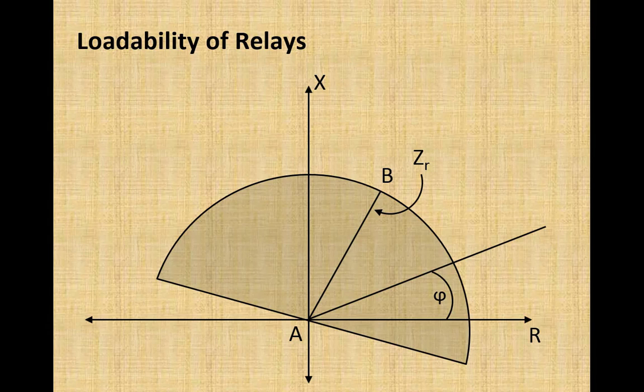Their common area of operation, this shaded portion, becomes their tripping characteristic or tripping area, that is a semicircle. In the lower semicircle the directional relay would not operate, and outside the semicircle the impedance relay is not going to operate.